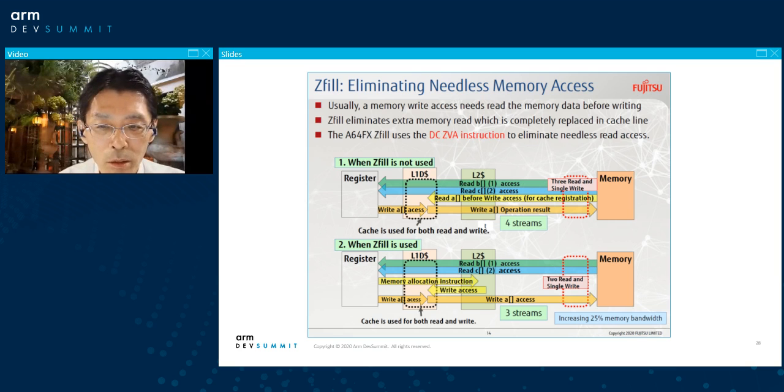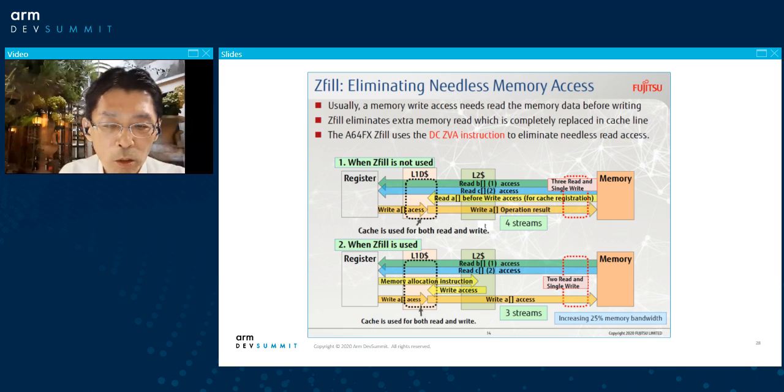However, in number 2, when Zfill is used, the Zfill instruction is performed. The zero-filled cache line is prepared in the L2 cache. And when reading the A matrix, the data is provided by the L2 cache and does not need memory access.